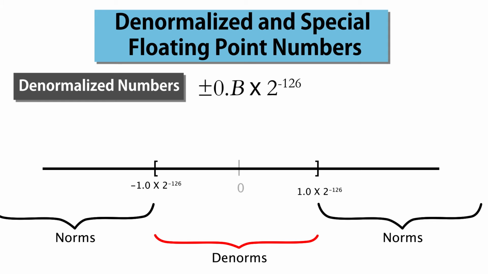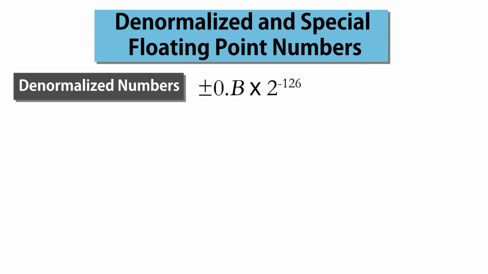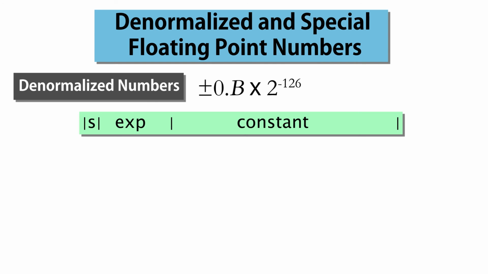Every 32-bit denormalized number has an exponent of minus 126 and a constant of the form 0.b, where b is a 23-bit string. This is represented, as with normalized numbers, in our usual sign, exponent, constant format. But the value stored in the exponent field of a denormalized number is 0.